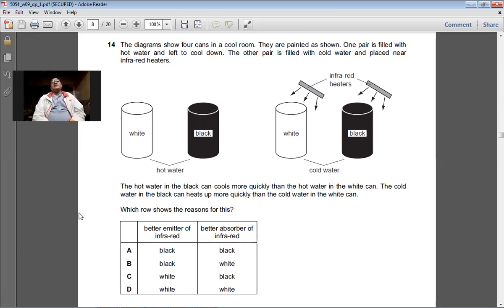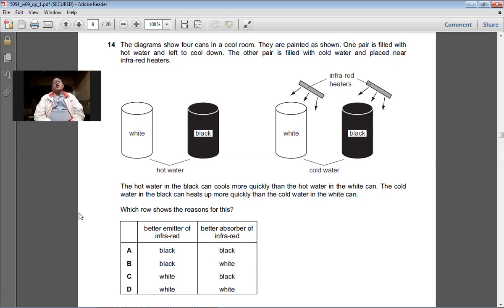The black color, when it has hot water, will be the best emitter of the infrared radiation. So the better absorber will also be the black color, because the black color will be a very good absorber as well. It's also a very good emitter and a very good absorber, the black color.